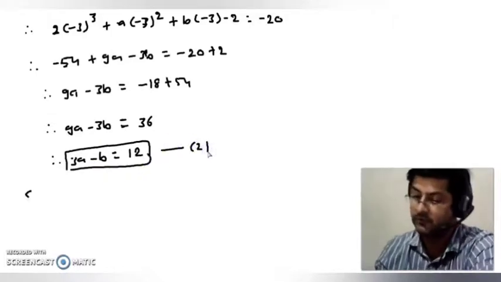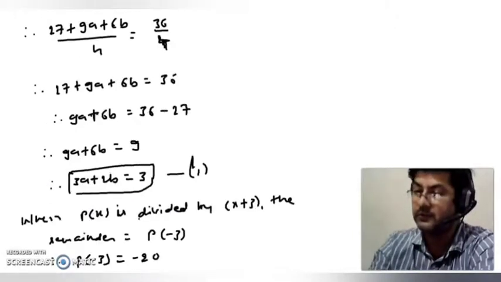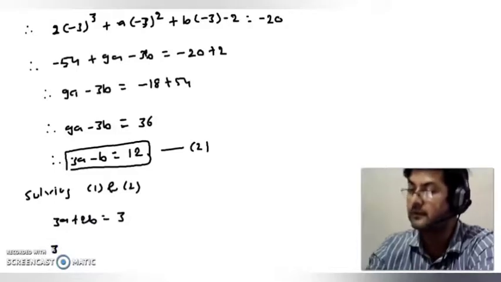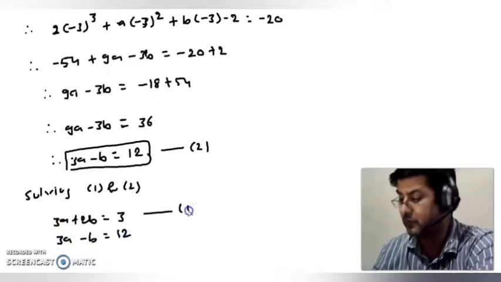Now solving equations 1 and 2. The first equation is 3a plus 2b is equal to 3, and the second equation is 3a minus b is equal to 12.